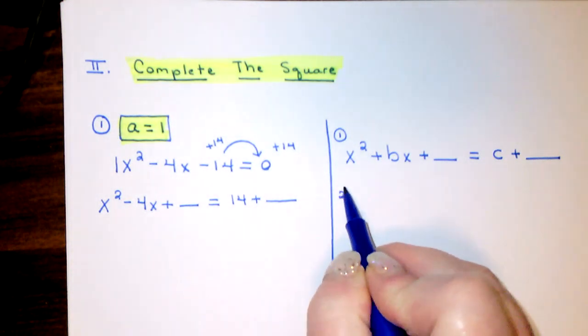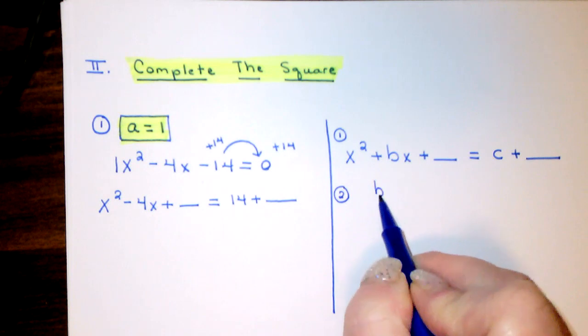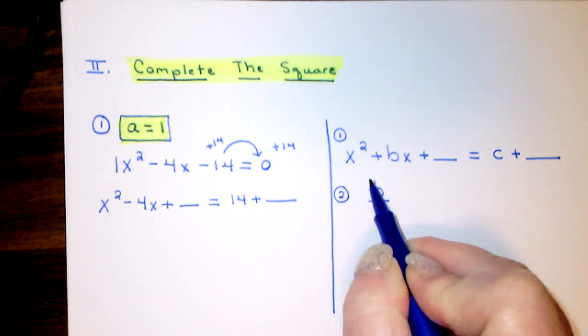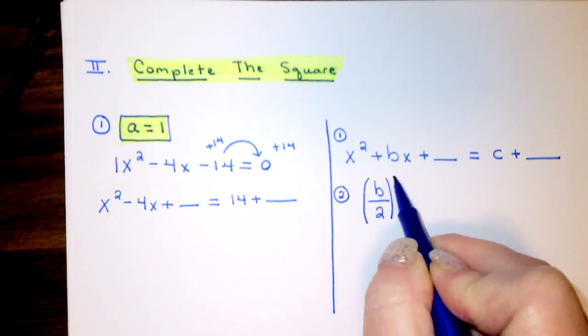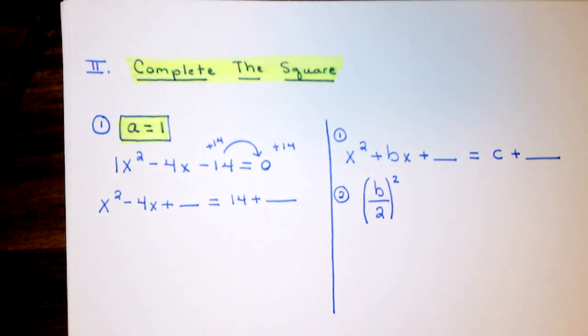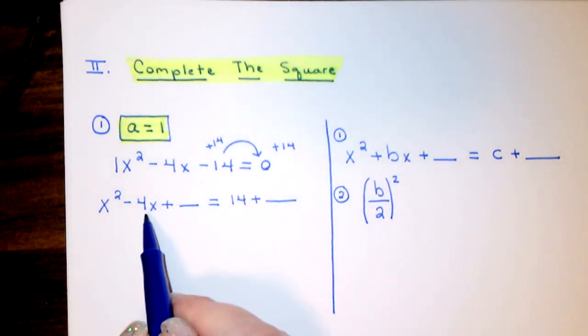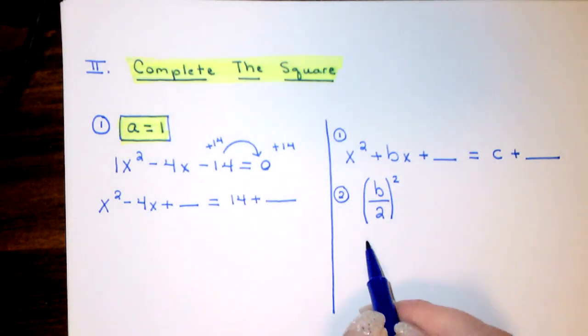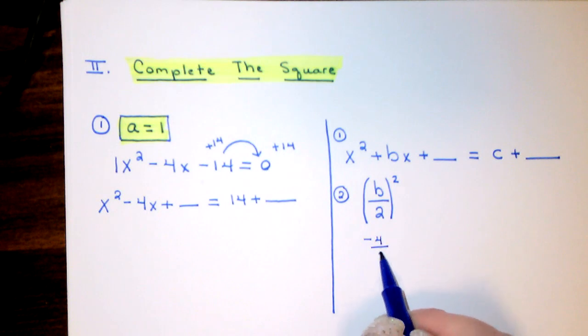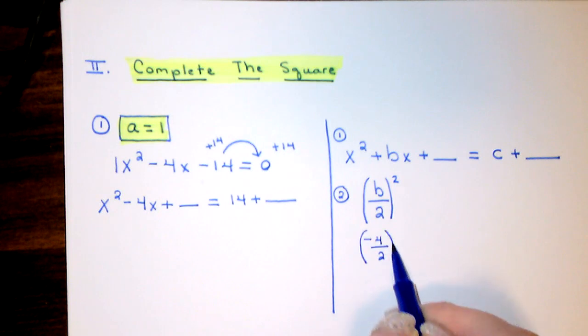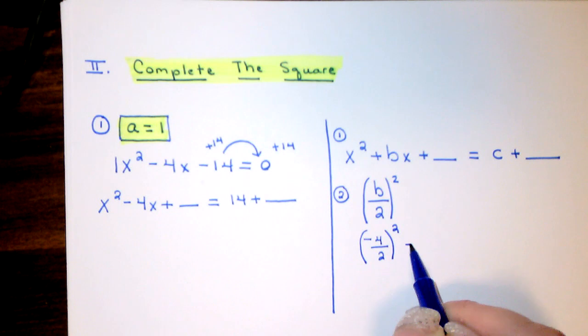Okay, step 2, you're going to take half of b and you're going to square it. Okay, half it, square it, put it in the blank. So right here, I'm going to half it, square it.